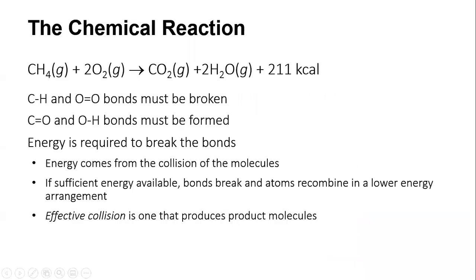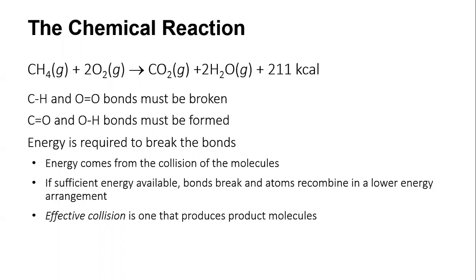And so when we have chemical reactions, what's happening is for the reactants, we must break bonds. For the products, we have to form bonds. So it takes energy to break bonds, and sometimes it even takes energy to form bonds. So where does the energy come from? It comes from the collision of molecules. So molecules have to be moving at a sufficient speed, so when they collide, they have enough energy to react.